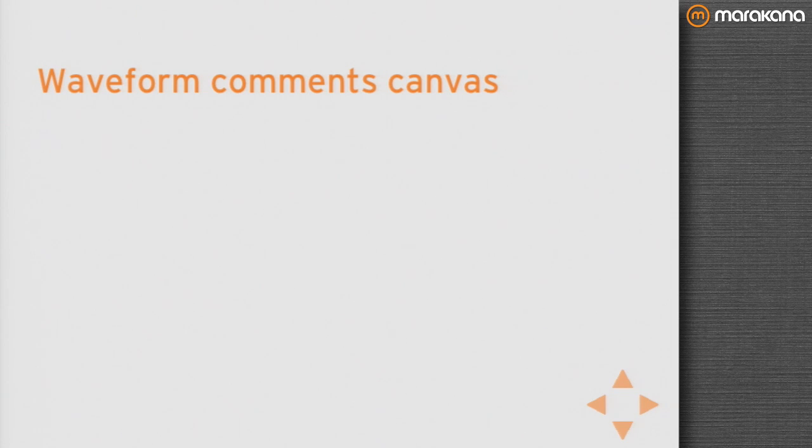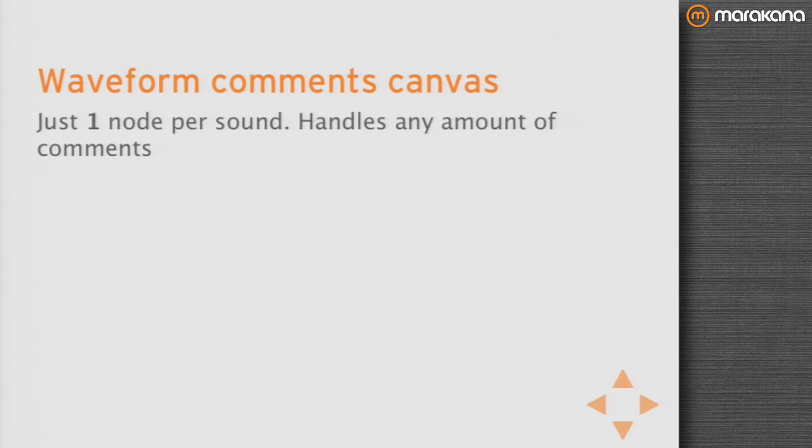So we went with something where we're actually loading all the comments onto the canvas. The beauty of this approach is now we have one node per sound that can handle an arbitrary amount of comments. And the initial memory profile barely changes. So it's a really efficient way.